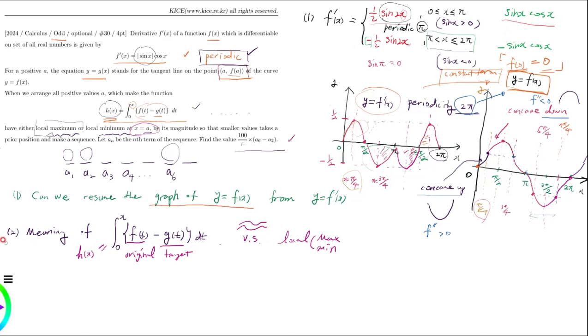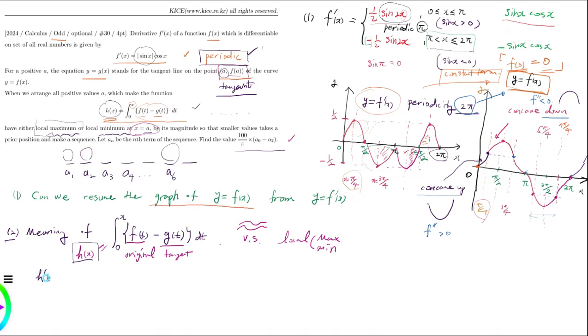Okay, go to the second point. What's the meaning of function h of x? The tangent point a comma f of a is undetermined. A is not determined here, but the original function minus its tangent line and its integration is a function h of x.